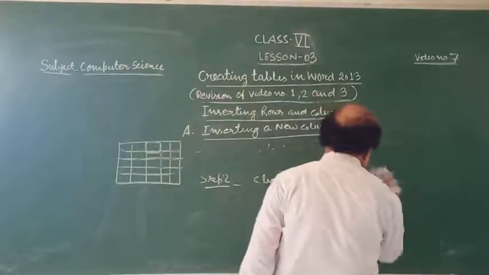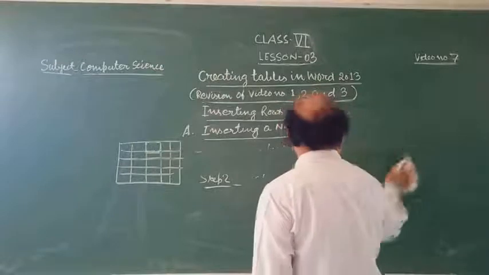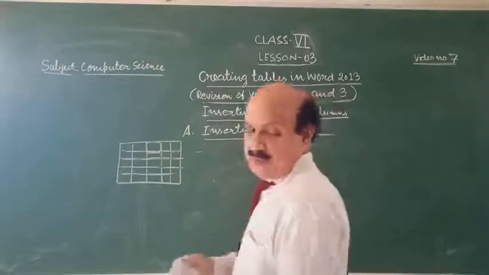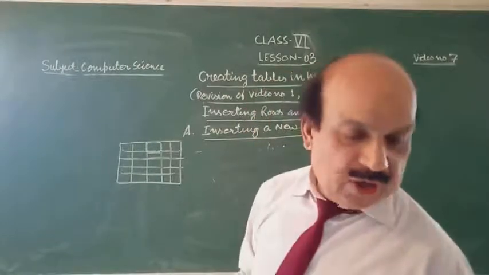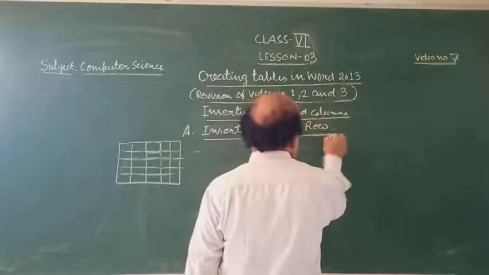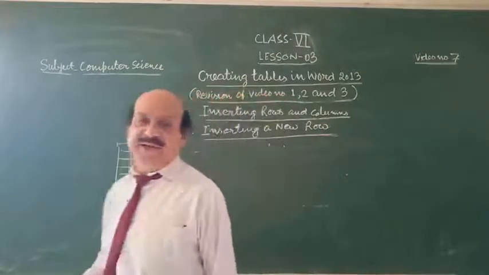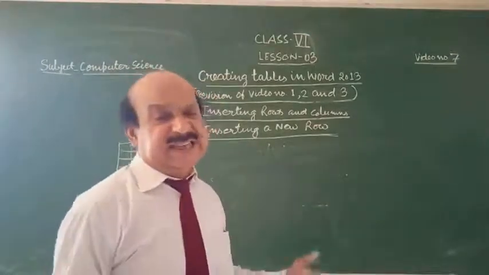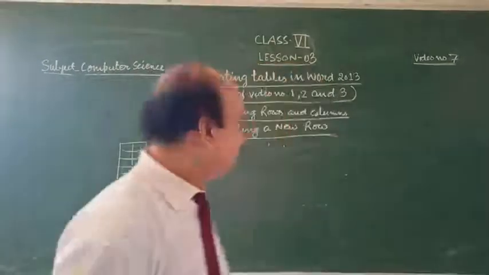Now, second is inserting a new row. How we can insert a new row. So just you have seen how we can insert the new column. Now inserting a new row, how we can insert. Same thing you have to apply again.